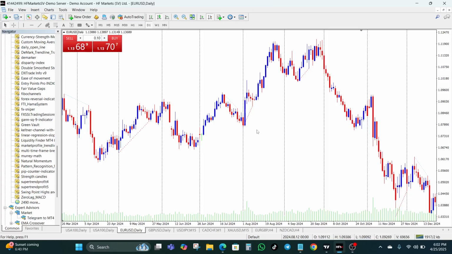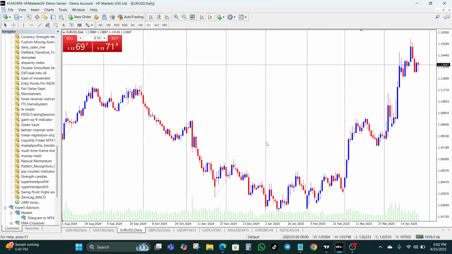These lines show the true direction of price flow and are extremely helpful for trend following traders or breakout traders. Whether the market is trending or consolidating, the liquidity finder indicator constantly adjusts to keep you in sync with real-time movement.